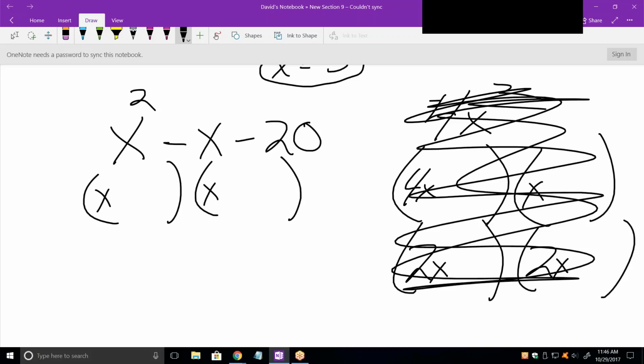You have to be a little more specific. All right. Next step? The next step is figuring out the signs. What are they? If one has to be a minus and one has to be a positive. Okay. Third step?